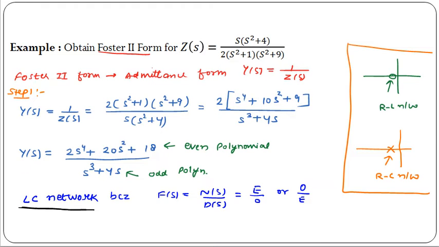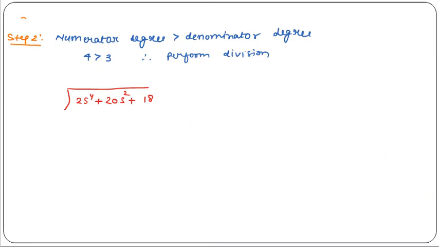So this will be equal to 20s square plus 18 divided by s cube plus 4 into s. Okay, so now we will divide.